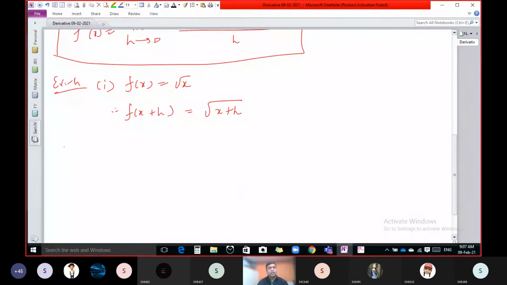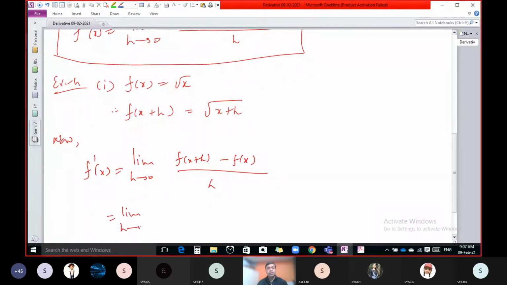Then use the formula. The formula is f dash x equal to limit h tends to 0 of f of x plus h minus f of x upon h. So we get limit h tends to 0 of root x plus h minus root x upon h.